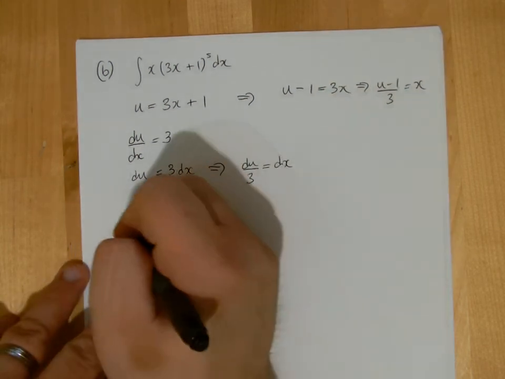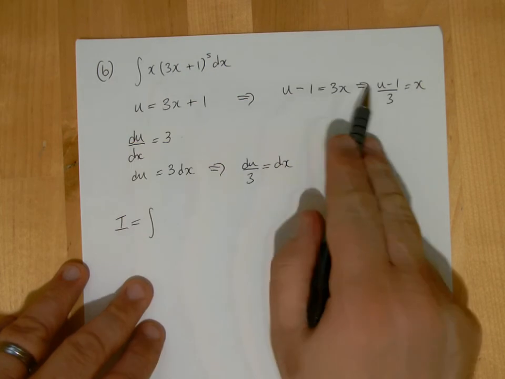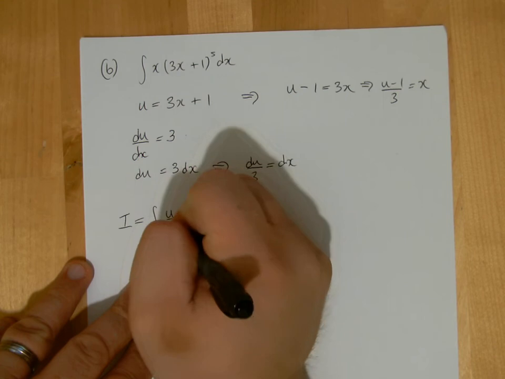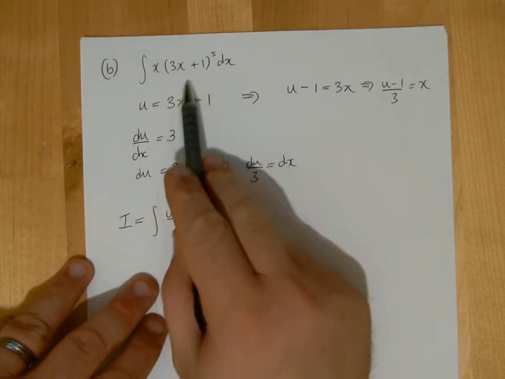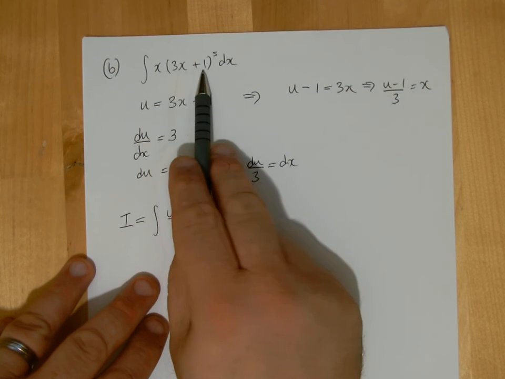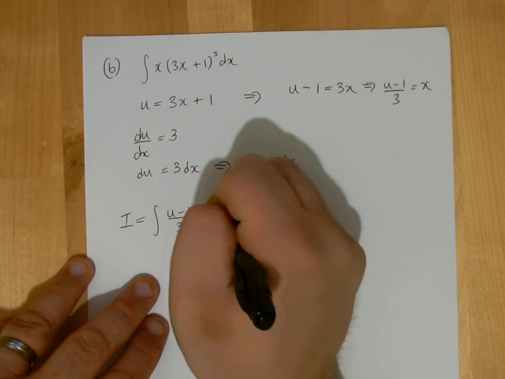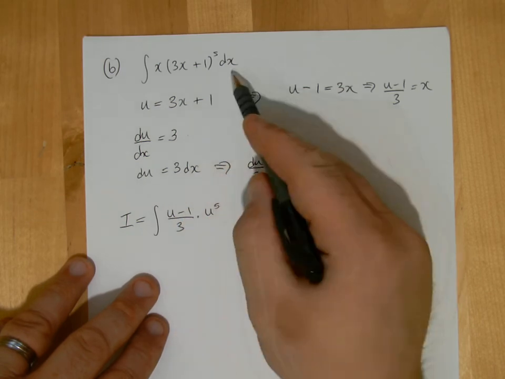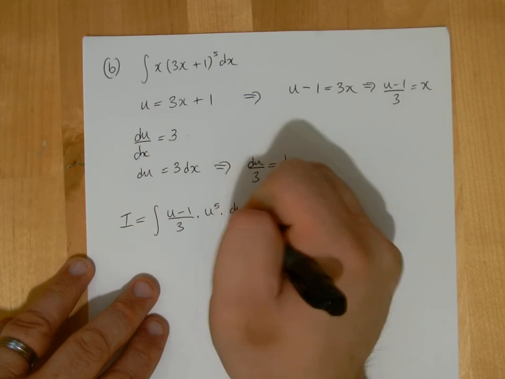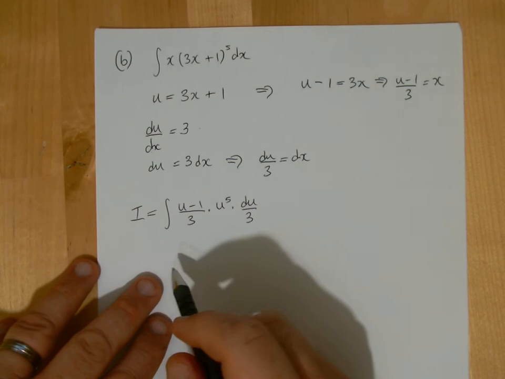So therefore, let's do the substitution. My integral will become, so remember now, my x I worked out to be u minus 1 over 3. My bracket then will sort of go, won't it? Because I've got this being u to the power 5. And then my dx became du over 3. Now a couple of things here to make this a little bit easier.